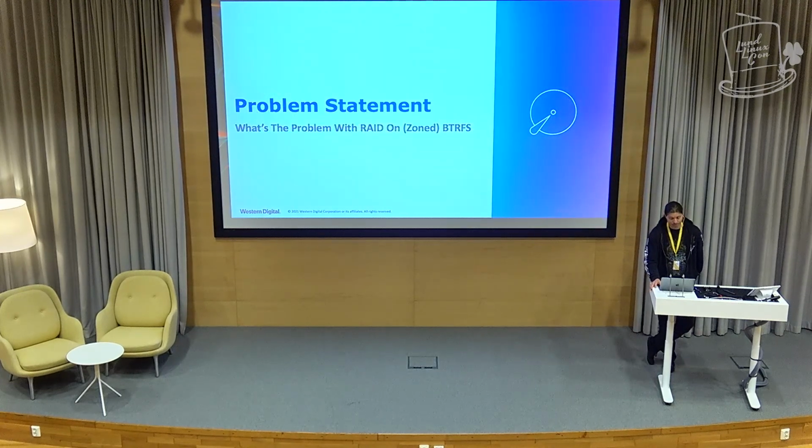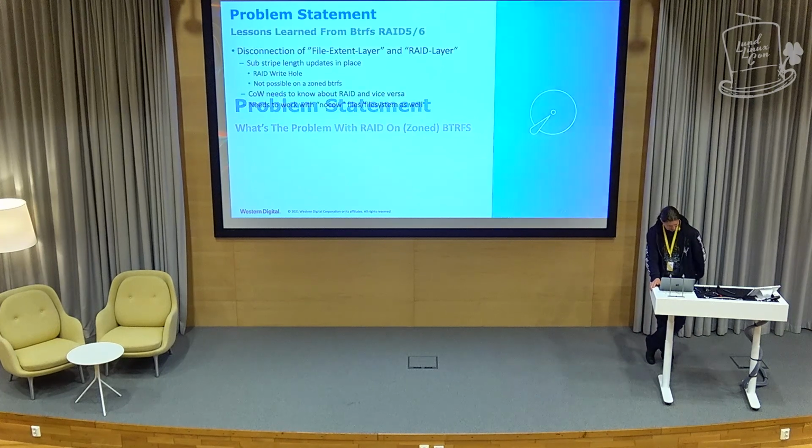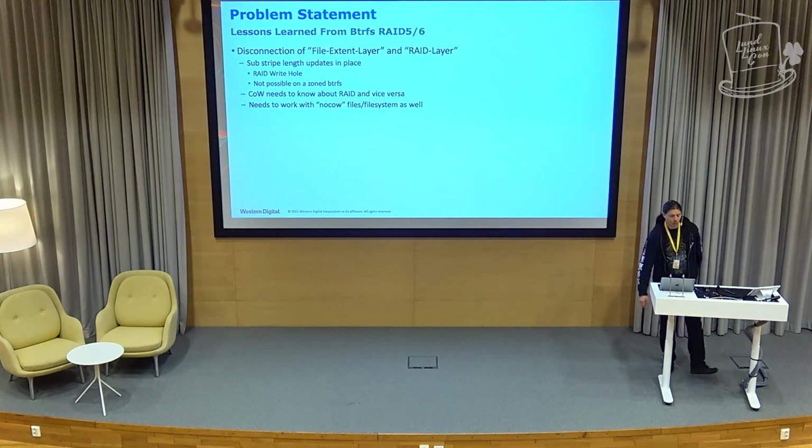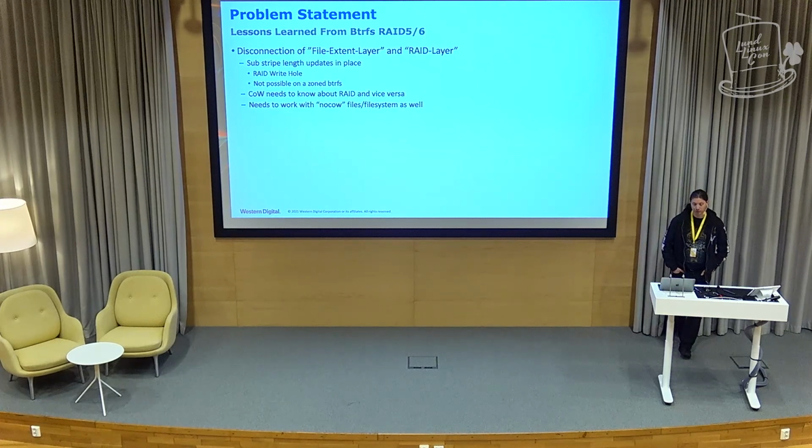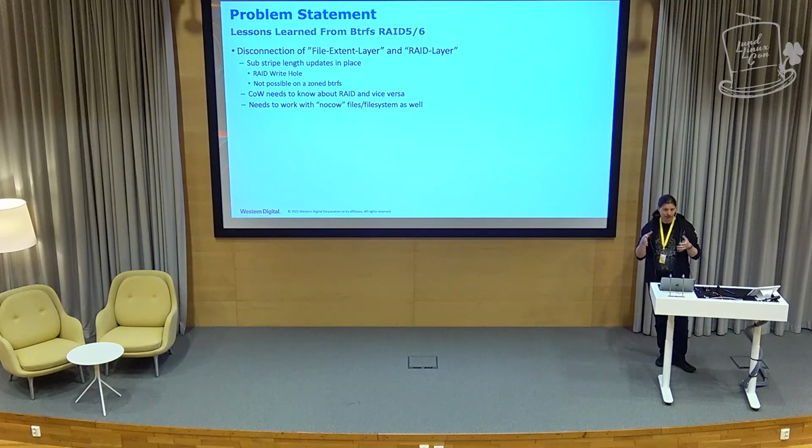On to the RAID problems. One of the biggest problems for BTRFS RAID was the disconnection between the file extent layer and the RAID layer. Especially for RAID 5 and 6, every substripe write did a read-modify-write and not a copy-on-write, to save some calculation time for the checksum for the RAID syndrome.